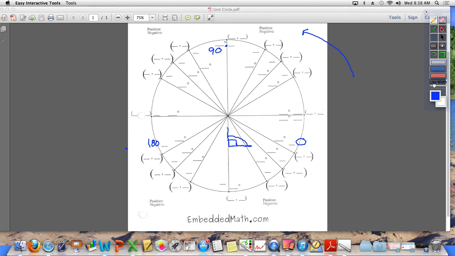I'm running out of room. All right, so we had 0 degrees here. We had 90 degrees over here. Over here we were at 180 degrees, and then at the bottom we are at 270 degrees. And then if you rotate back to where you started, that puts you at 360 degrees.